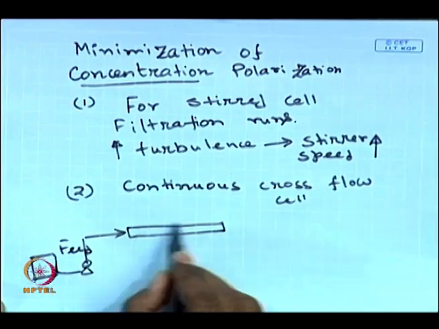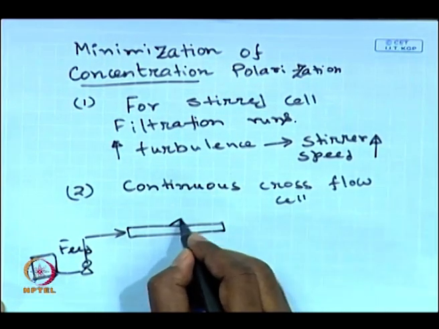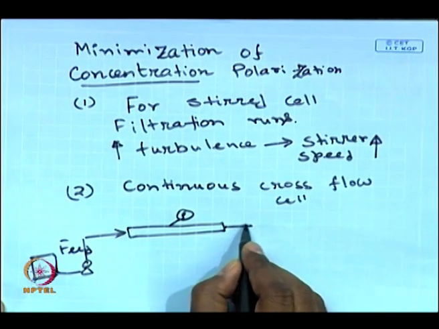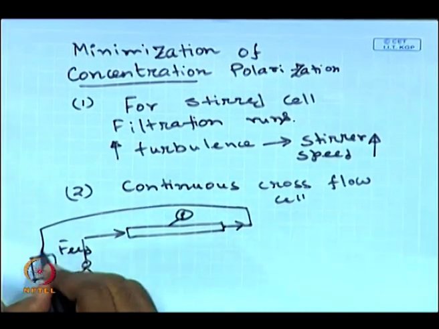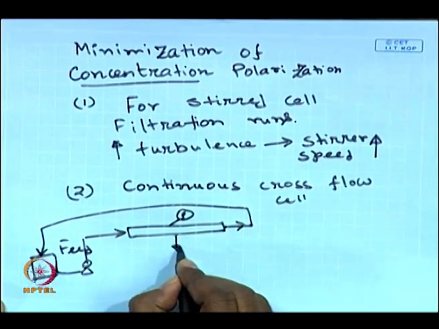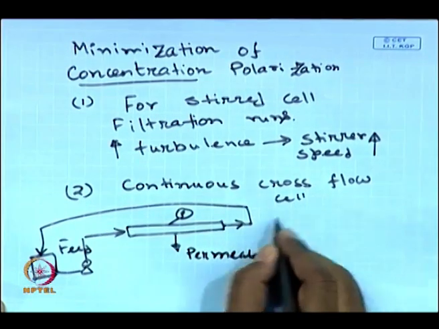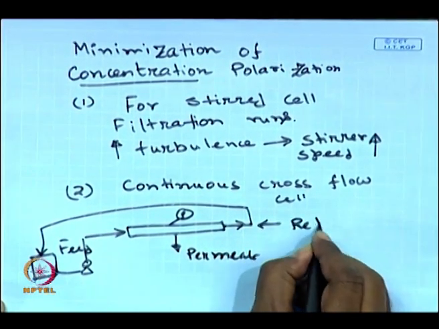At the bottom and the top there will be membrane surface and there will be a pressure gauge here, and the retentate can be recycled back to the feed stream and one can get the permeate from the bottom, and this stream is called retentate.